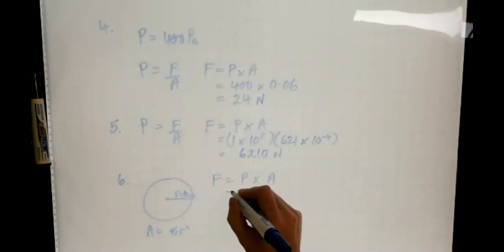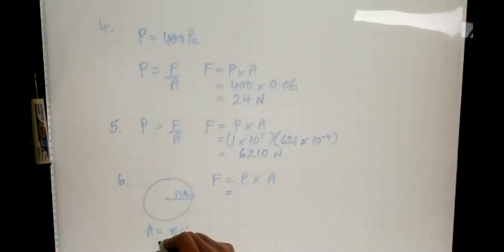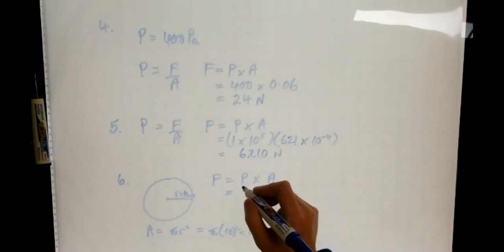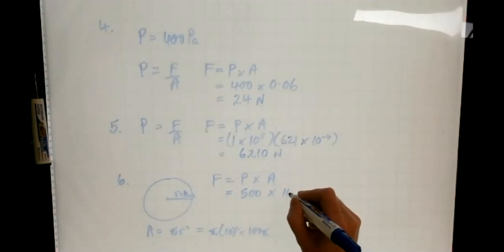So the area of the disc is pi r squared. So the force equals pressure times area. The pressure is 500 Pascal, times pi r squared.